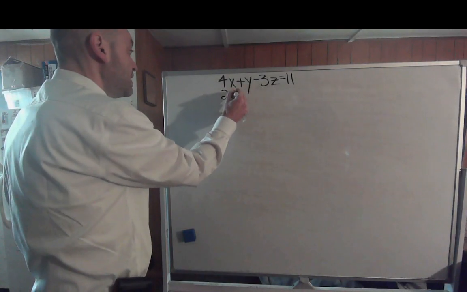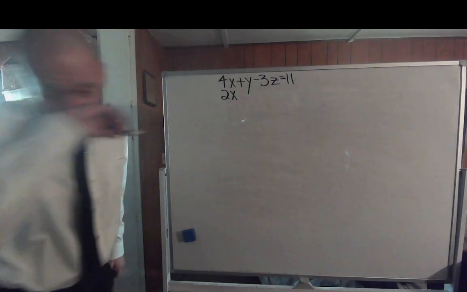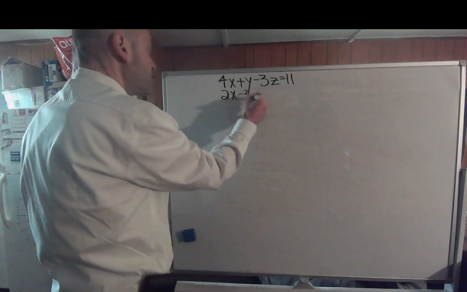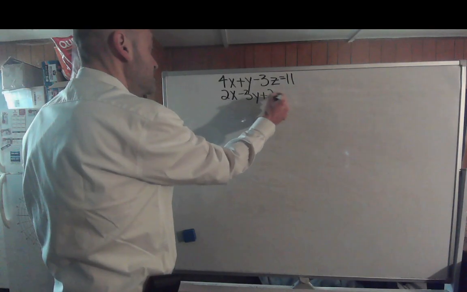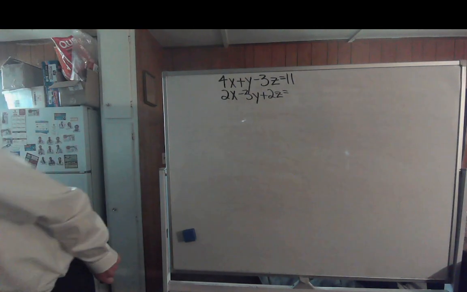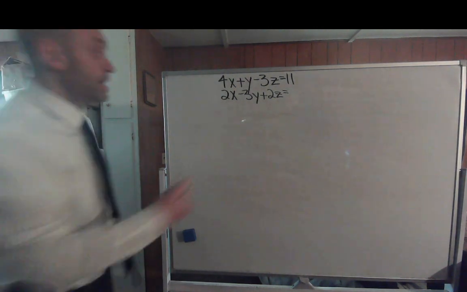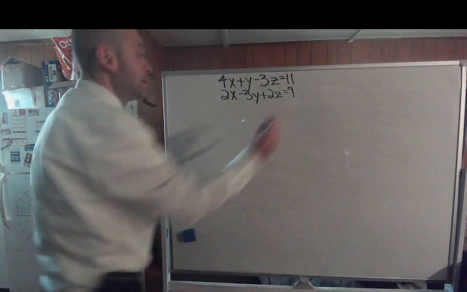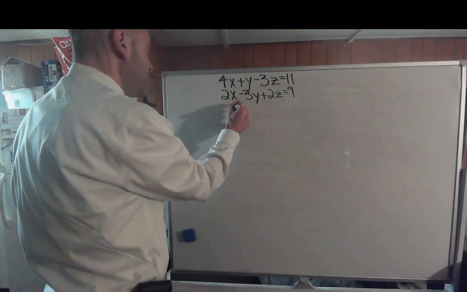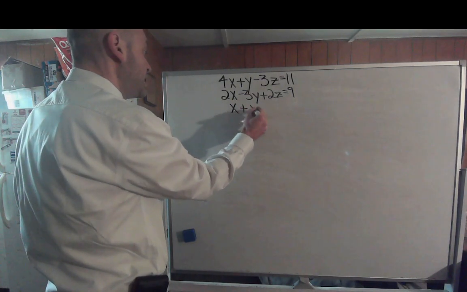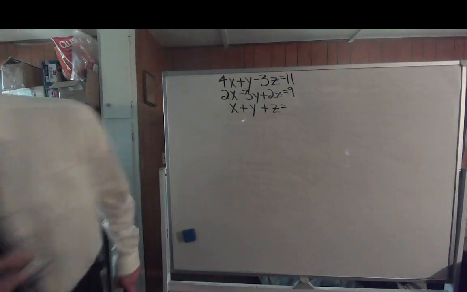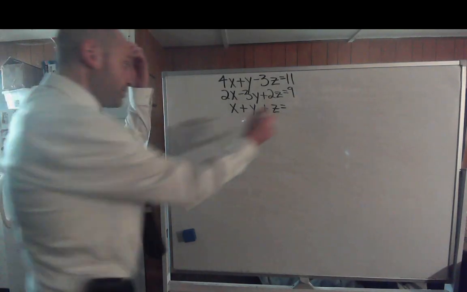We have 2x minus 3y plus 2z equals 9, and then we have x plus y plus z equals -3.